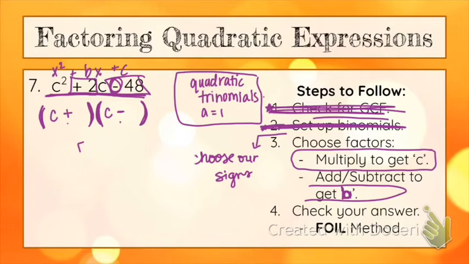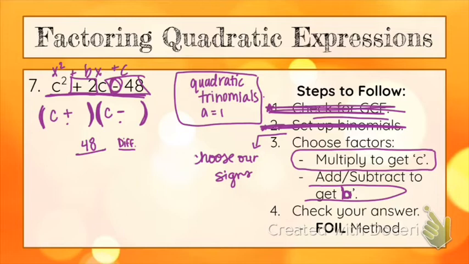So we want to list the factors of 48, and then we need to know what the difference of those factors is. Because when you add a positive and a negative number, like 5 plus negative 3, you're actually doing 5 minus 3, which is 2. So we need to know the difference in the factors.